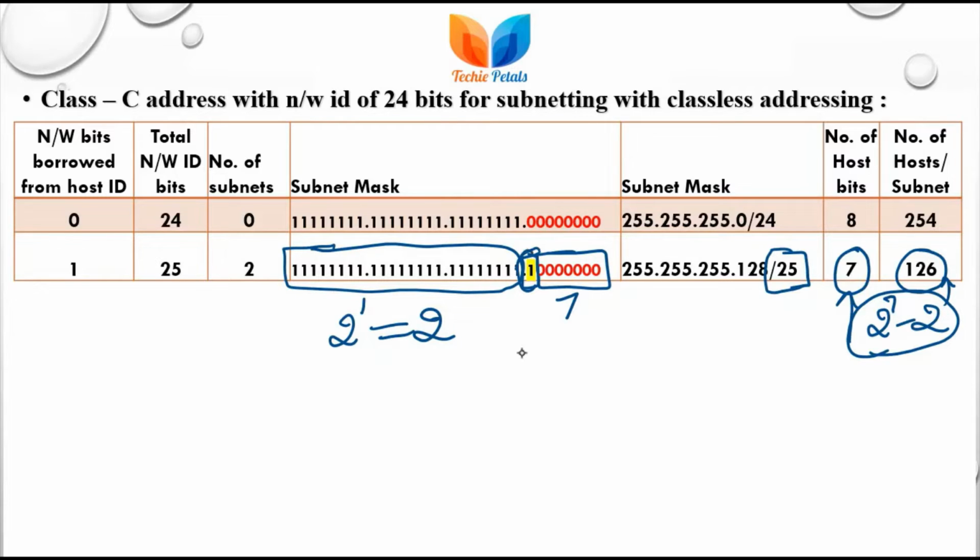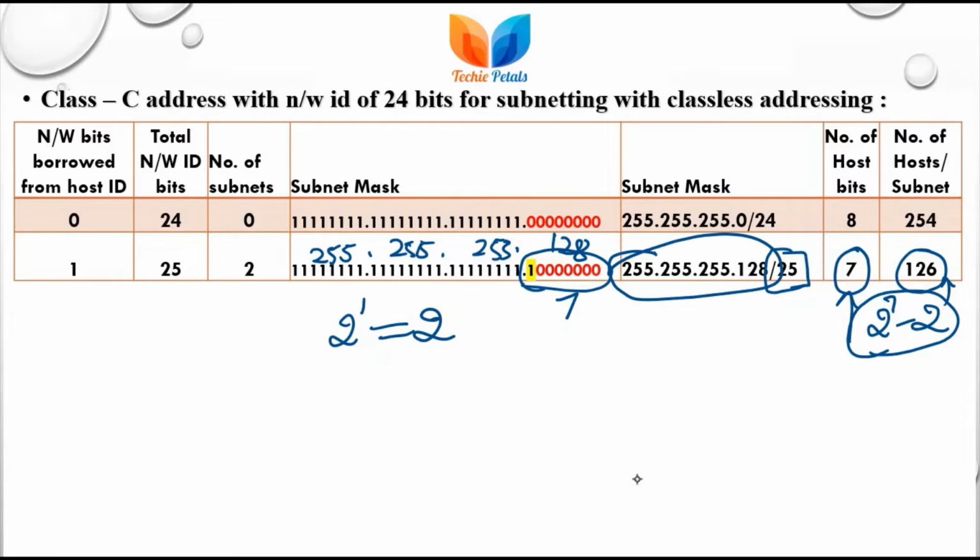So this host bit is also counted in subnet mask, and if you convert this to binary notation, then you will get 255 for this octet, 255, and this will be 128. Okay, so this is our subnet mask for this network, and /25 is identifying the length of or number of network bits.